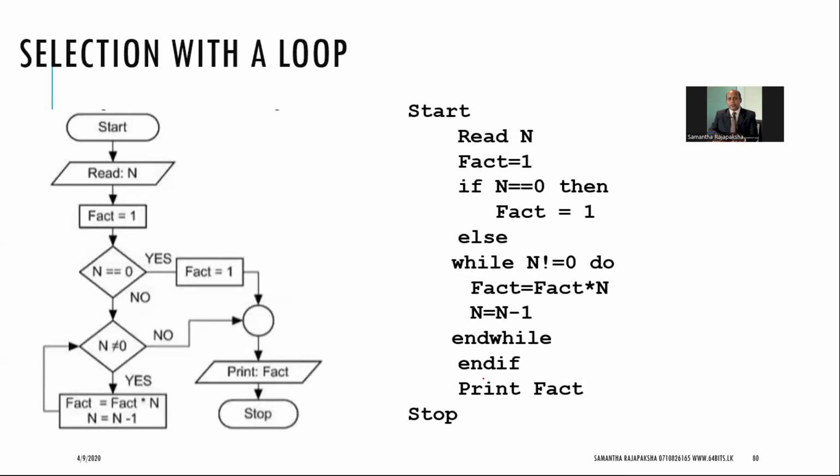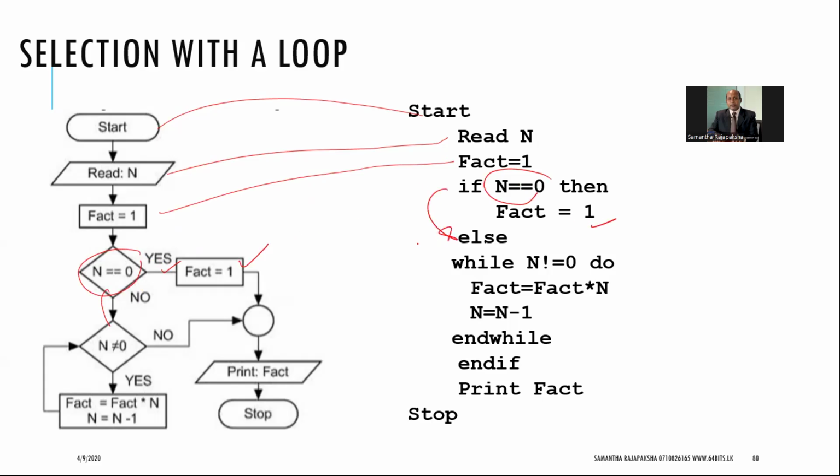This is not a past question, but if you look at this, you need to identify things here. The starting value, the input operation, this is setting the value, and this is a condition. Remember, if the condition is true, this path, if the condition is false, this path. If it is true, we set this value.